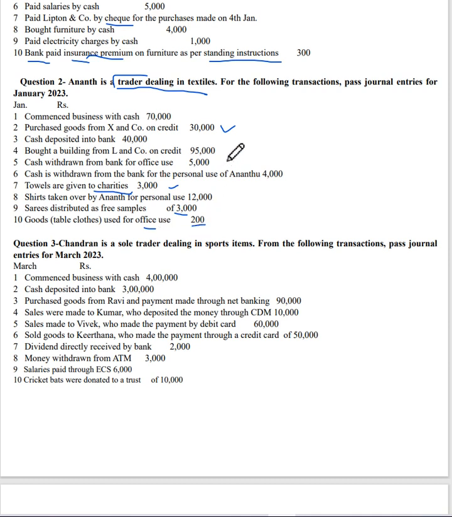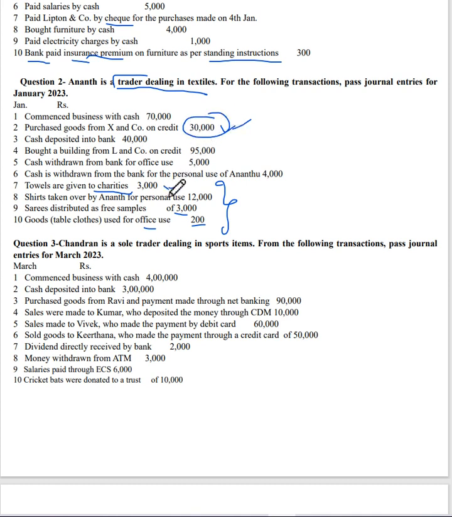Why am I specifying here that all these items should be credited to the purchase account, and not to a sales account or anything else? Because sales is an item which gives us revenue, but here the business goods he purchased were worth rupees 30,000.